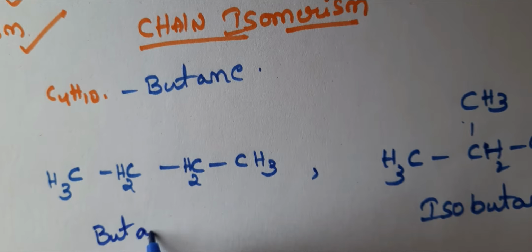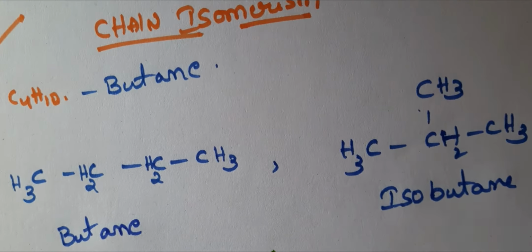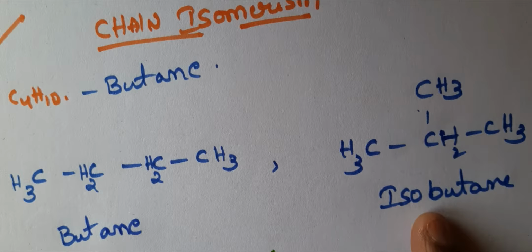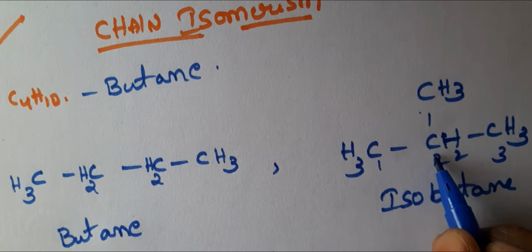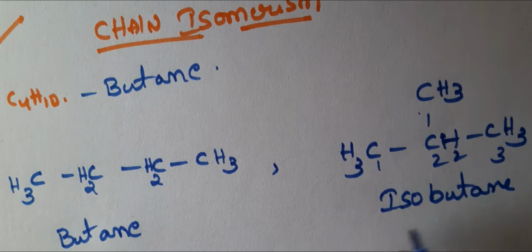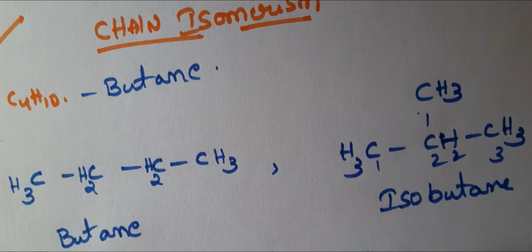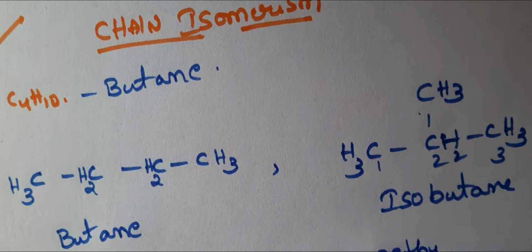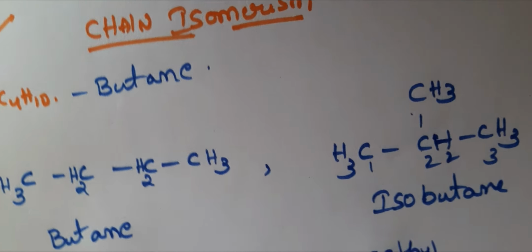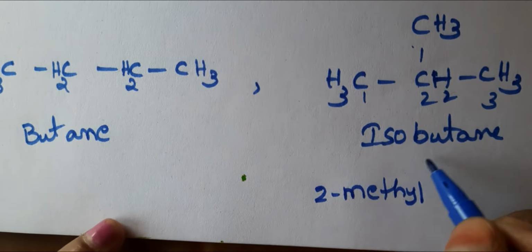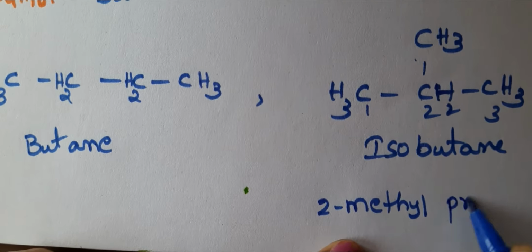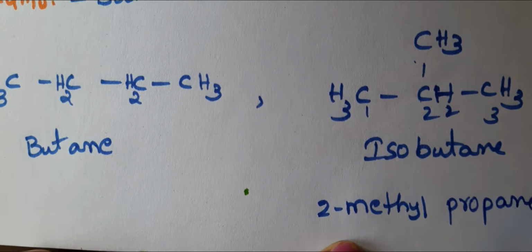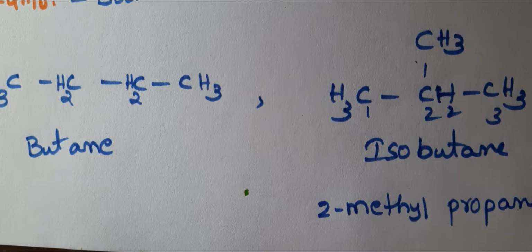Its IUPAC name: numbering 1, 2, 3, the second carbon has a methyl as a branch, so we write 2-methyl, and the 3 carbons are propane. So 2-methylpropane. The straight one we simply write as butane.